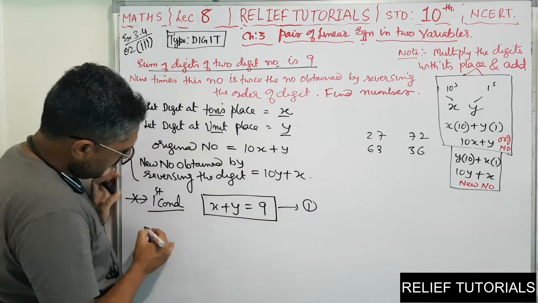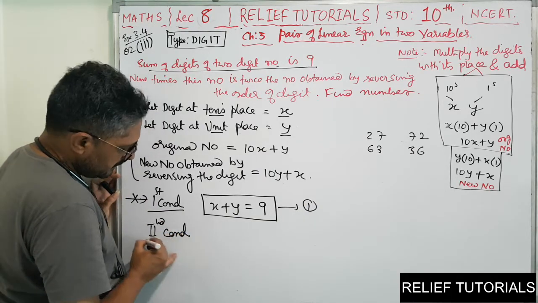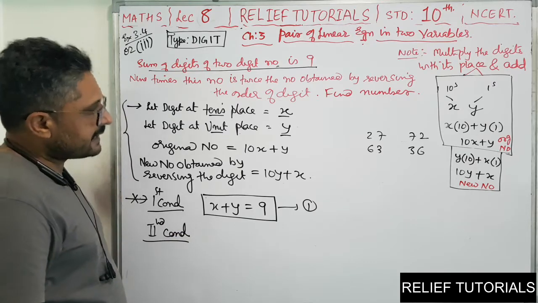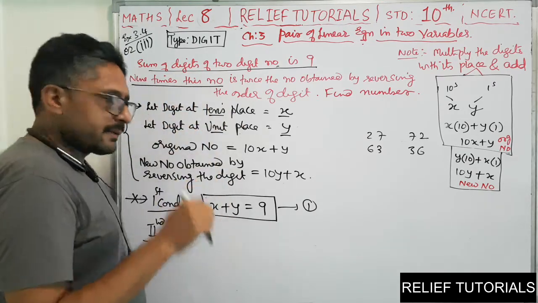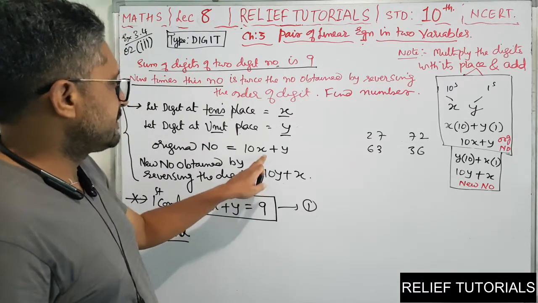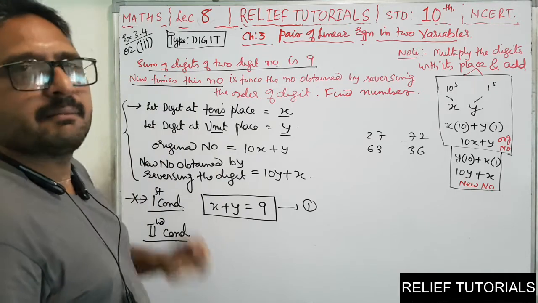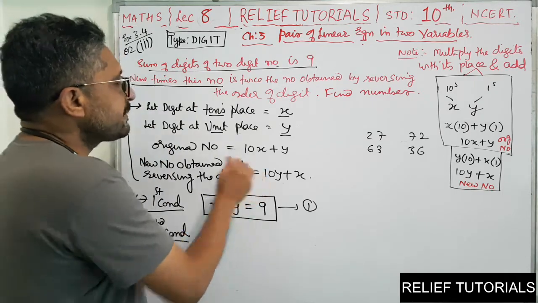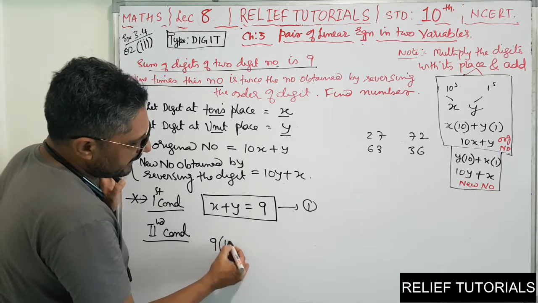Simple. Now the second condition. See, what is the second condition? 9 times this number. This number means our original number. So you have to multiply this number with 9, so 9 into 10x plus y.